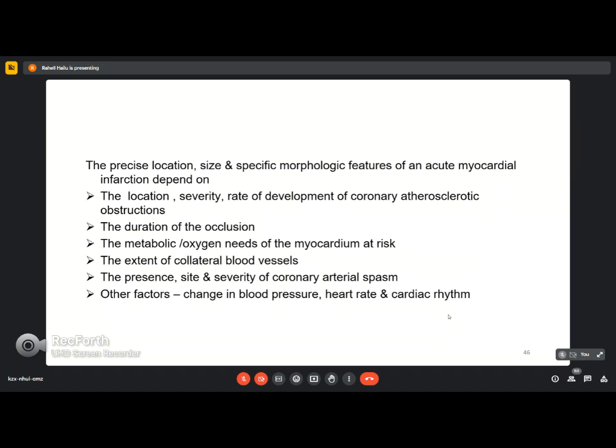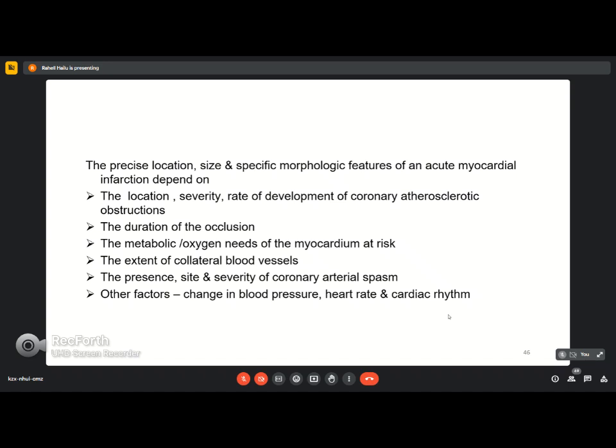So sometimes in the case of chronic ischemia, collateral vessels are formed just like in any other tissue. If there is a chronic ischemia, and if there are collaterals in the area supplied by the occluded area, then the consequence of the myocardial ischemia can be a little bit less.